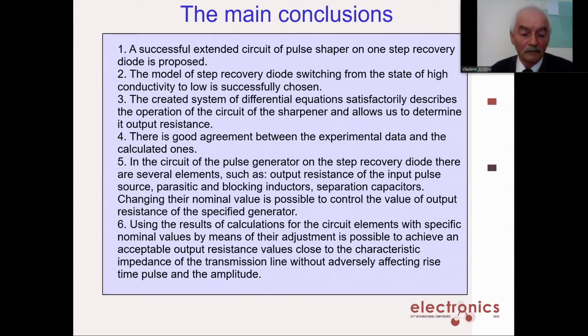Using the results of calculations for the circuit elements with specific nominal values, by means of their adjustment it is possible to achieve acceptable output resistance values close to the characteristic impedance of the transmission line without adversely affecting rise time of the pulse and the amplitude.